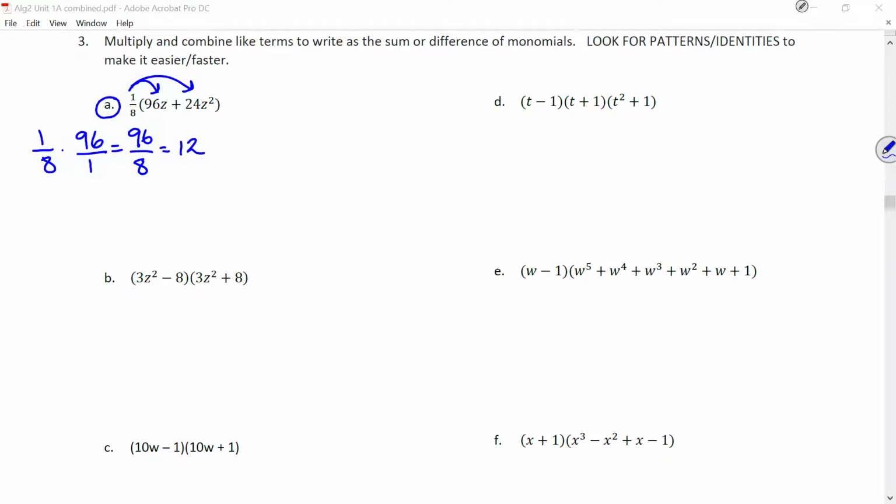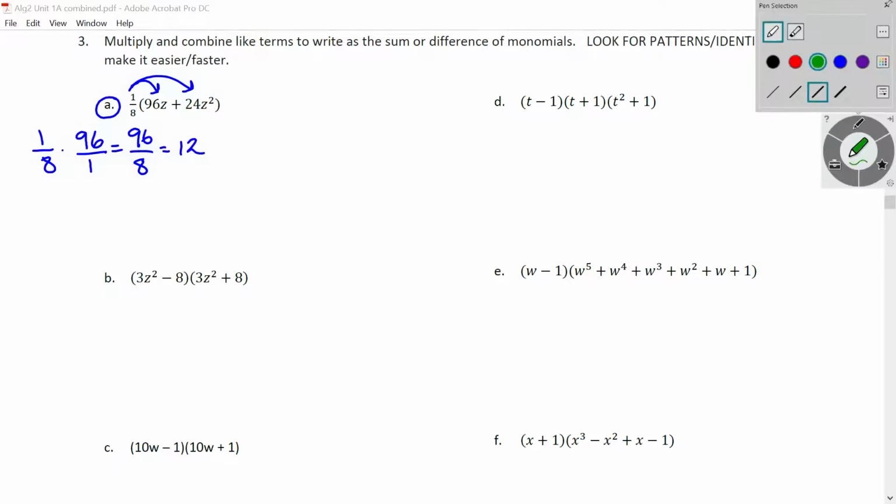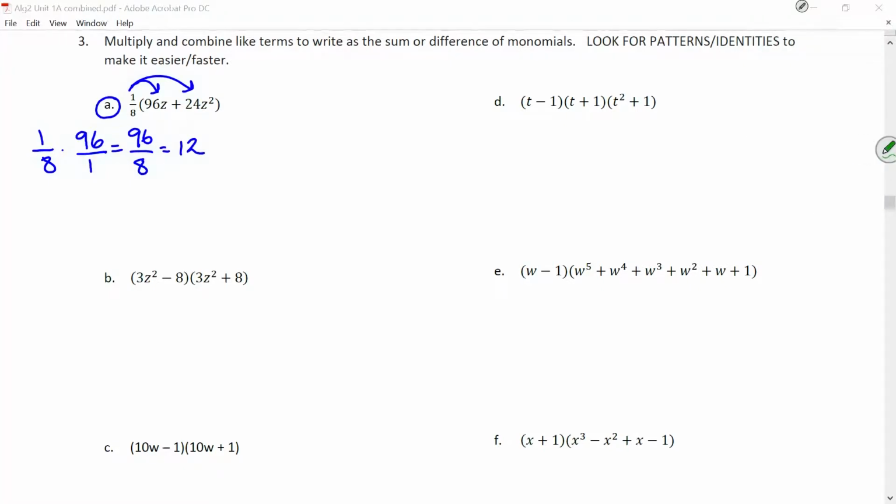Okay, now another shortcut, just to remind you of this fact, is that you can cross-cancel in multiplication. And so you could have canceled here, and it would have been just one fewer step, just to give you a heads up about that. But the point is 1/8 times 96z will be 12z.